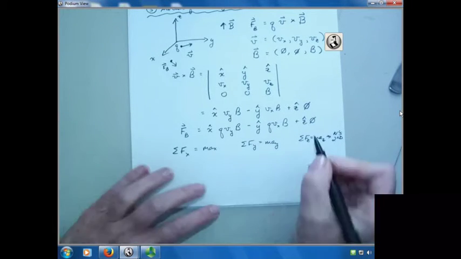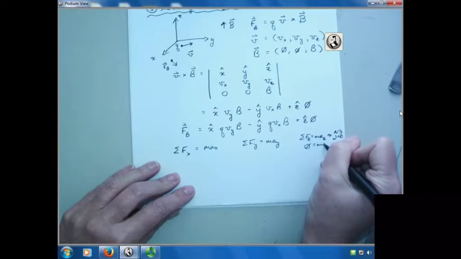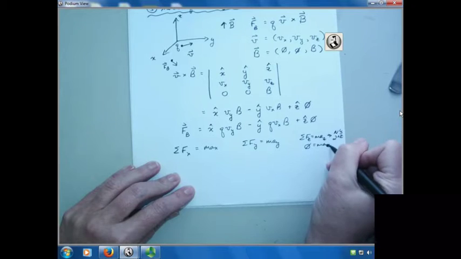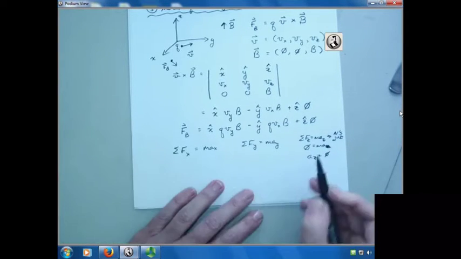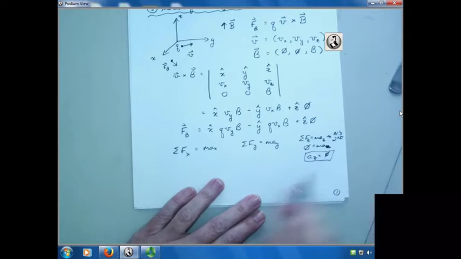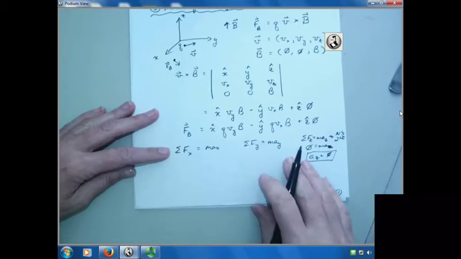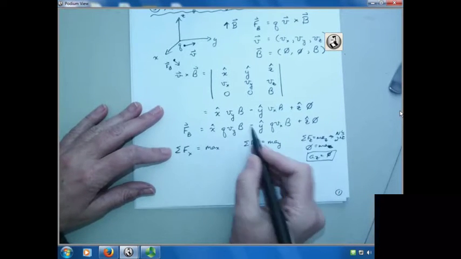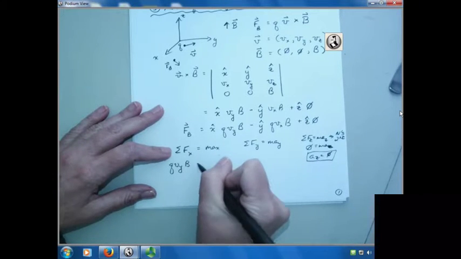All right. So in the z direction, I notice I'm going to get 0 is equal to maz, pardon me, and az equals 0. So I'll have a constant velocity motion in the z direction. We'll deal with that later on. And let's look now at sigma Fx. So the x component of the force is q Vy B, and that's equal to m.